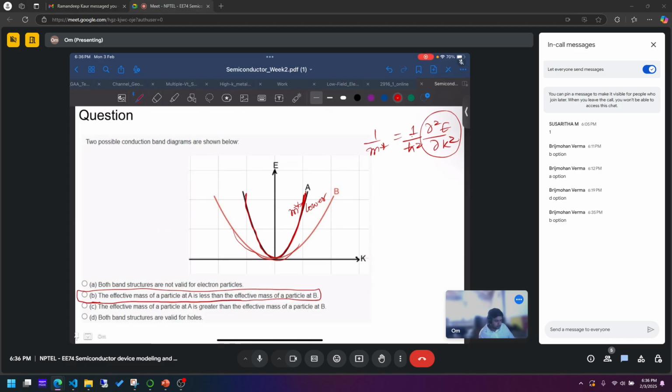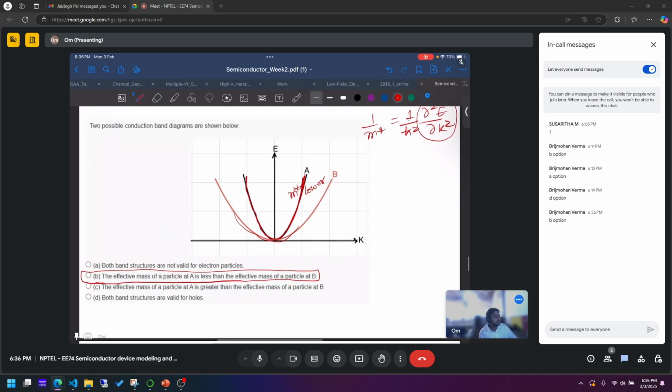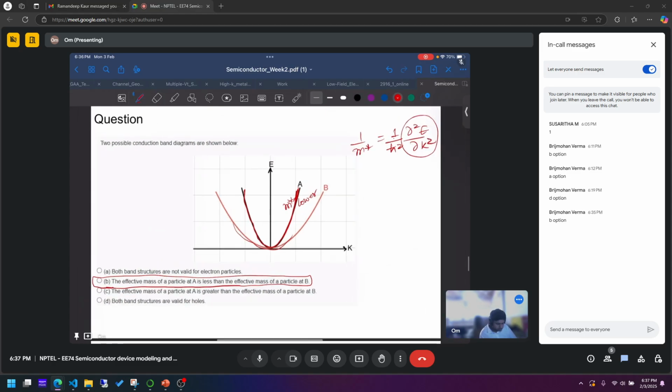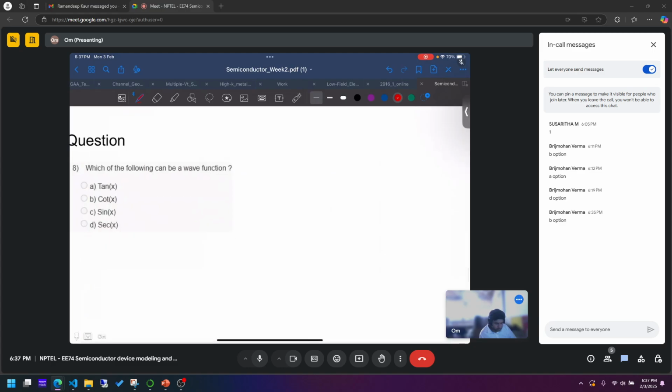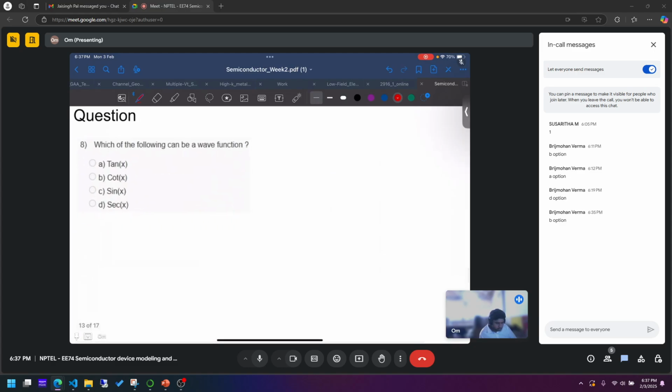All right. So let's see the next one. Which of the following can be a wave function?